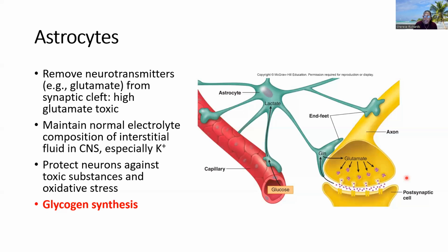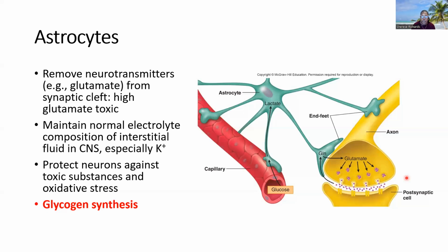So potassium needs to be very heavily regulated in the interstitial fluid. We know that in the ECF, there should be a certain level of potassium and sodium. And so astrocytes help to keep those levels balanced in the interstitial fluid that is sort of bathing the neurons.